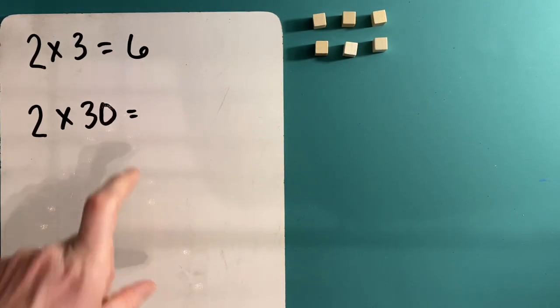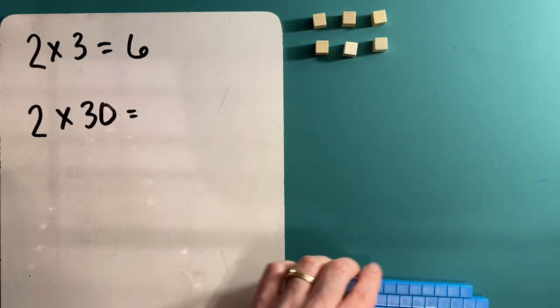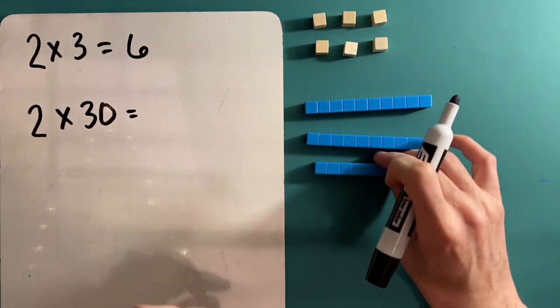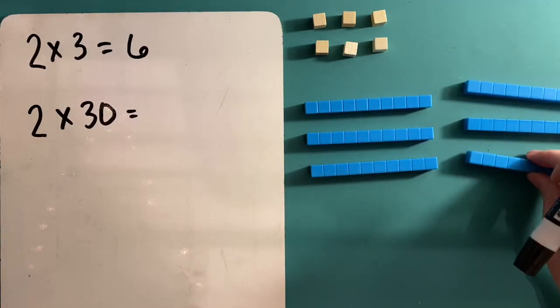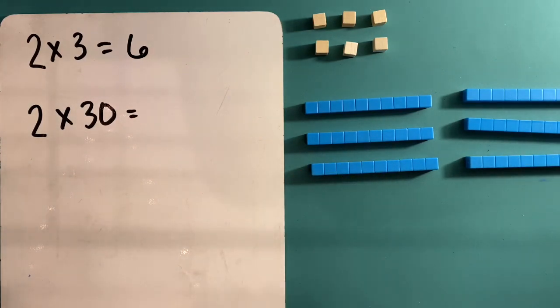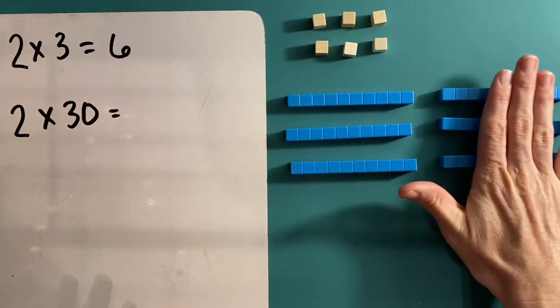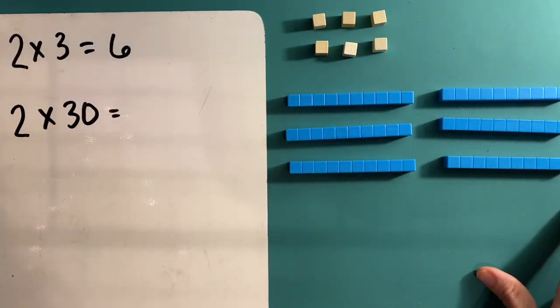equals, well, rather than using cubes, I'm going to use longs. So I'm going to say I have 2 groups of 3, but each 3 has 10.